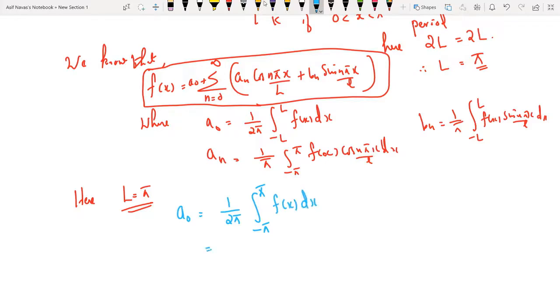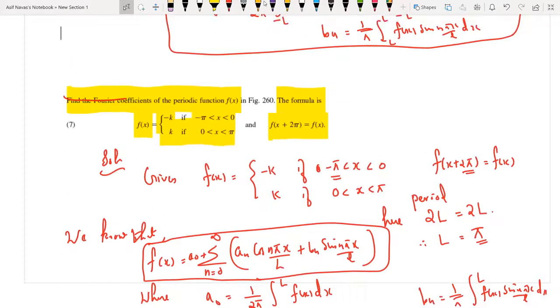So this is equal to 1 by 2 pi integral, where f of x is defined as minus k when minus pi to 0 and k from 0 to pi.